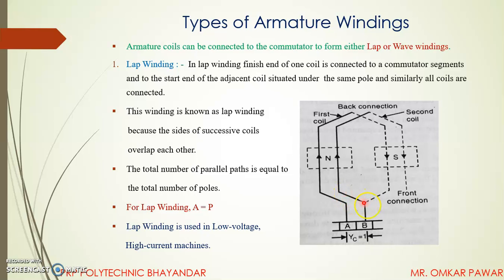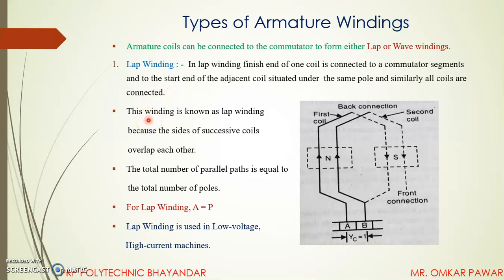The start of the next adjacent coil is connected to the finish end of the first coil, situated under the same pole. Suppose this coil ends at this point and is connected to the adjacent commutator segment, and the second coil starts from this end of the first coil. Similarly all coils are connected.